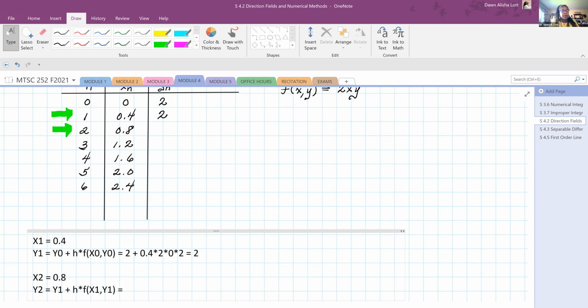Okay, y1 is 2, plus h is 0.4, times f of... I should have put this in parentheses so maybe you guys would see it.